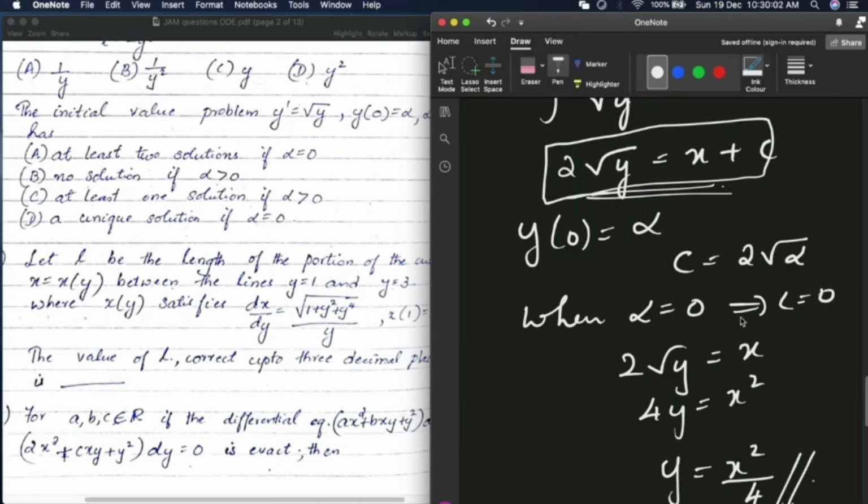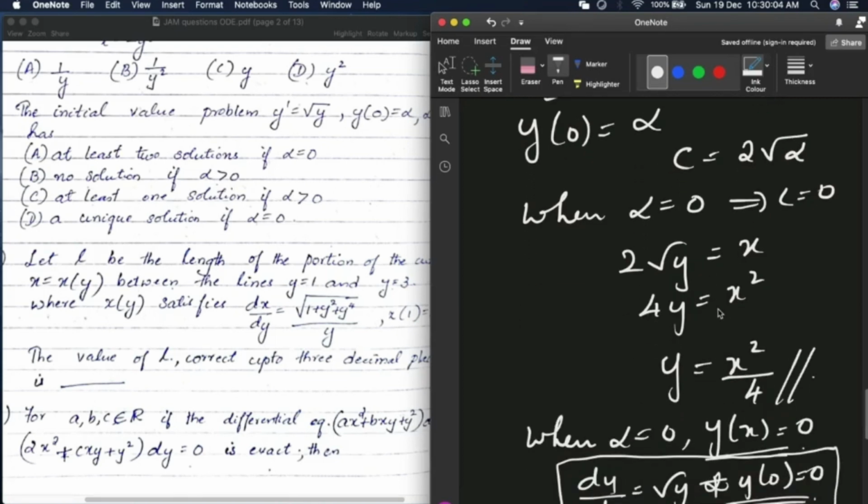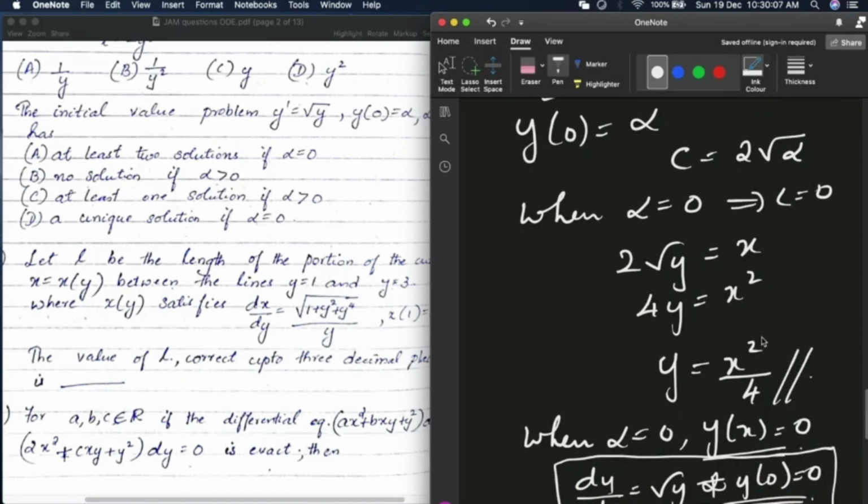Actually, you're getting only one solution, right? Sorry. So y is equal to x squared by 4 because your c will become 0.